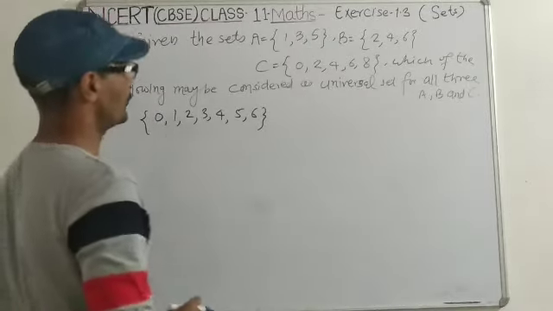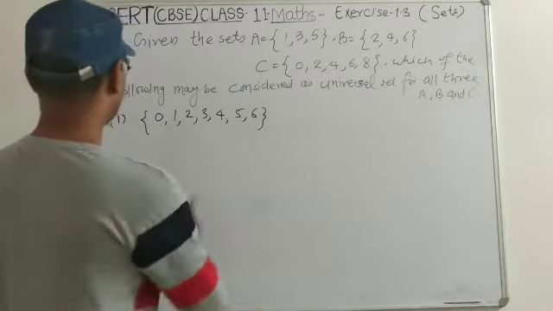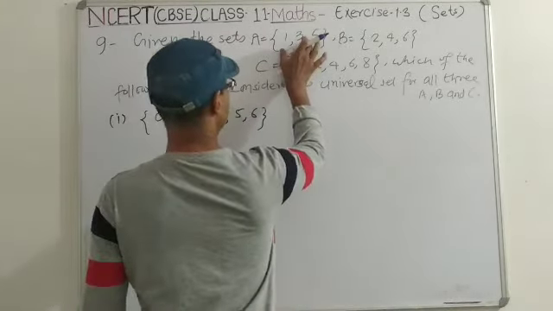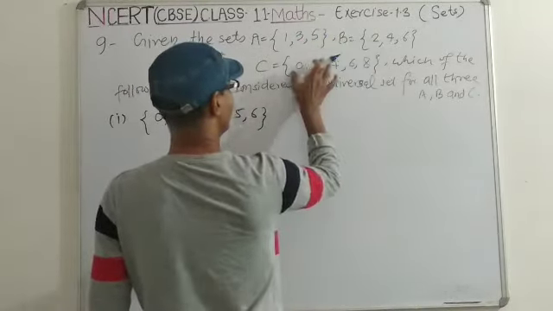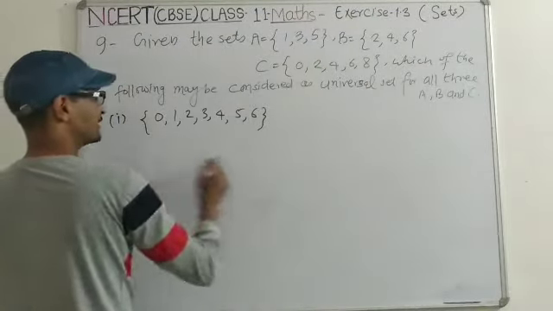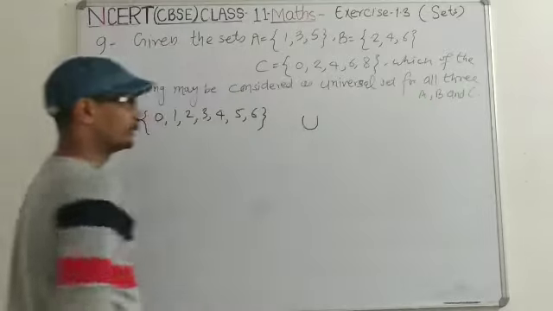Can it be a universal set or not? So for the universal set, what is the criteria? Elements of set A, B and C, all elements must be in this set, so we can say it is the universal set.